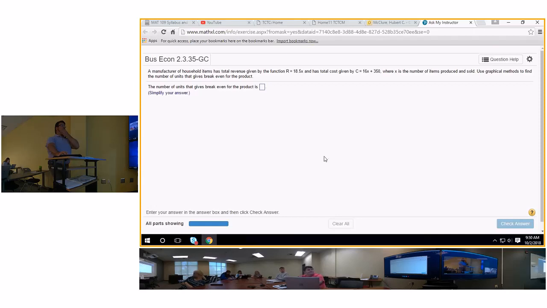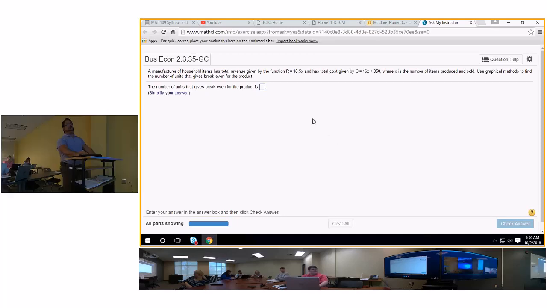It says a manufacturer of household items has total revenue given by the function R, and has a total cost given by a function, where x is the total number of units. Use graphical methods to find the number of units that gives break even for the product.